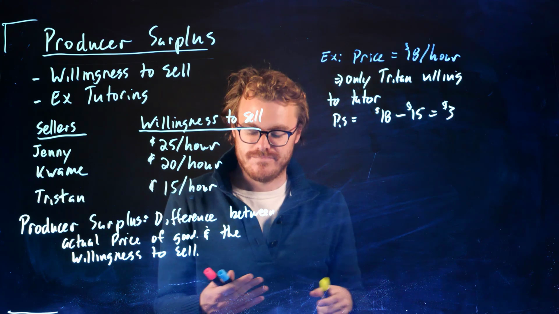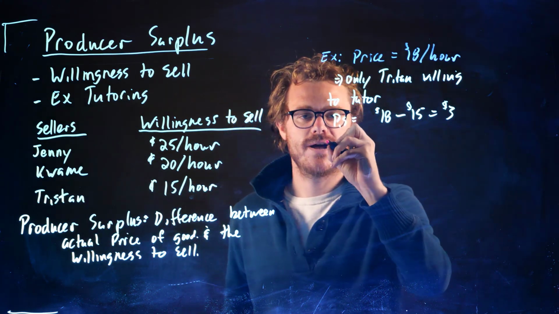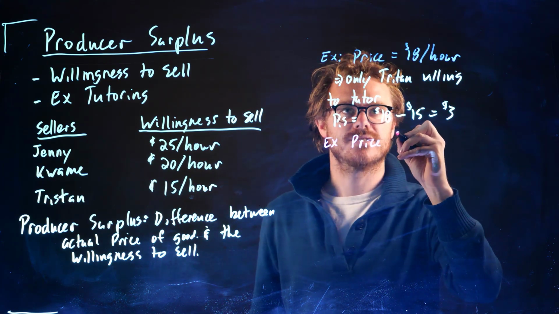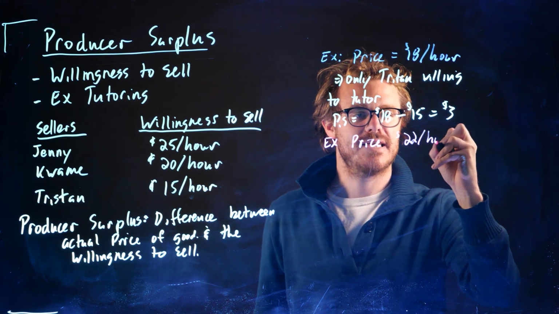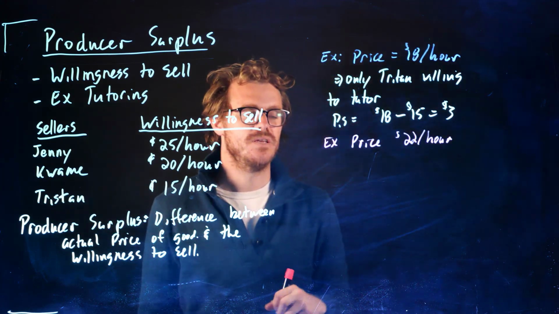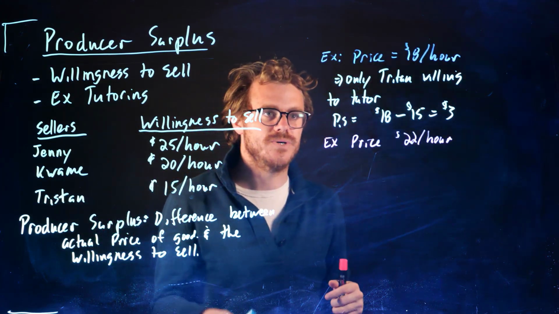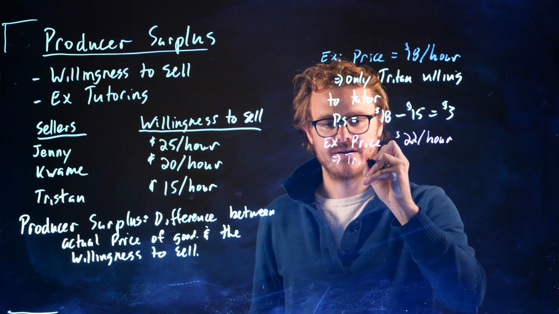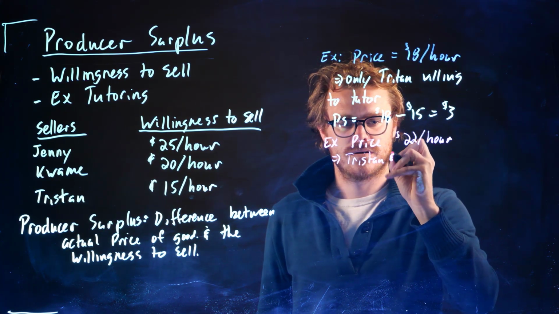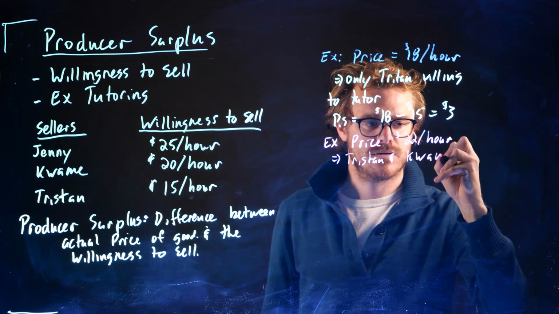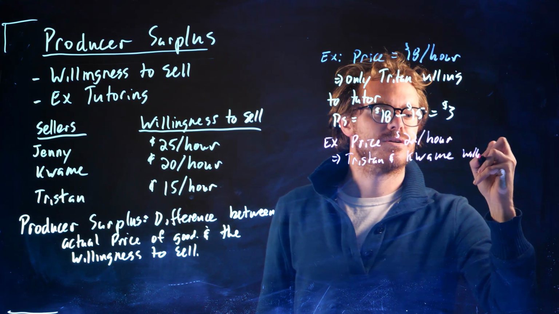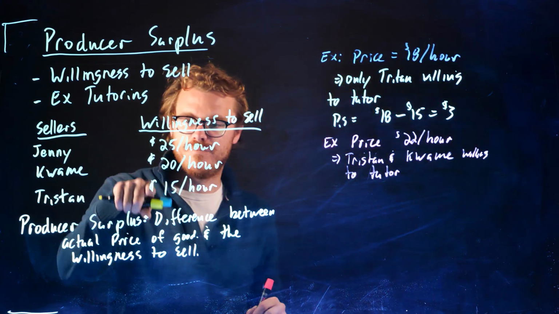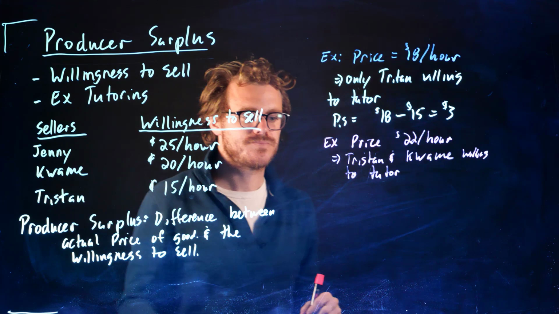Now let's say another example would be the price was $22 an hour. Let's say that's the going rate for tutoring at Queen's or on campus or online or whatever. Well, now both Tristan and Kwame are willing to tutor, since that's above both of their willingness to sell.